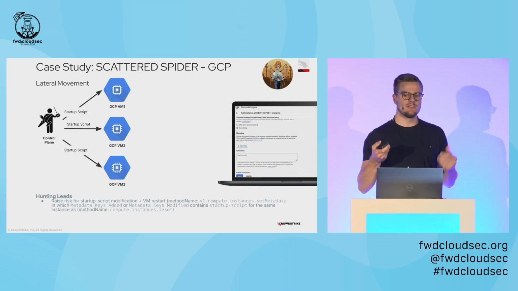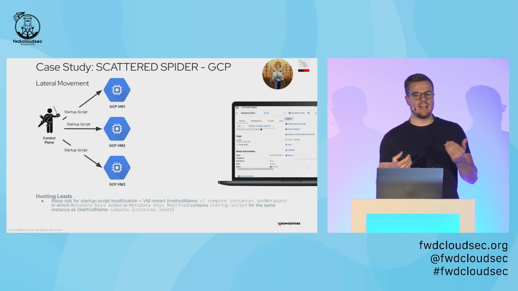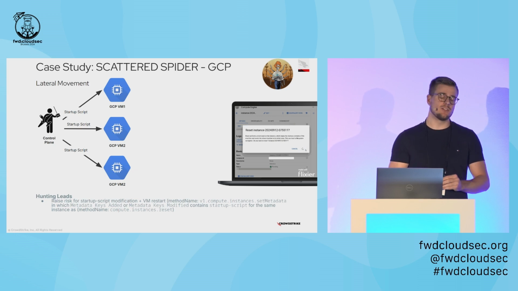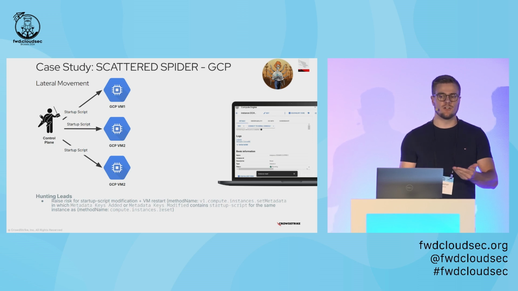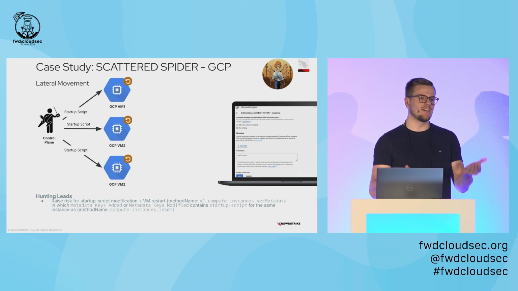And then later, on a larger scale, they started to modify startup scripts for a large number of pre-existing VMs. Now, startup scripts are actually intended to do setup tasks when booting a VM, so the way startup scripts are triggered is via a restart of the VM. So what Scattered Spider did next was restart all those pre-existing VMs to trigger the startup script.